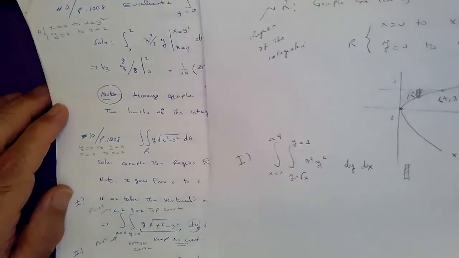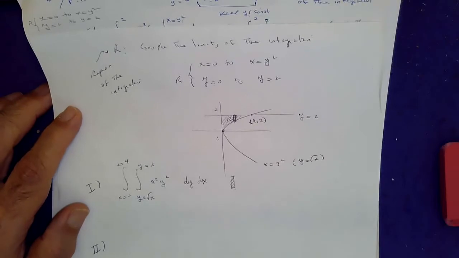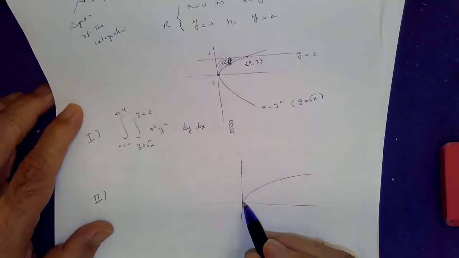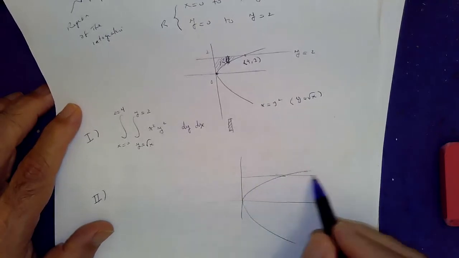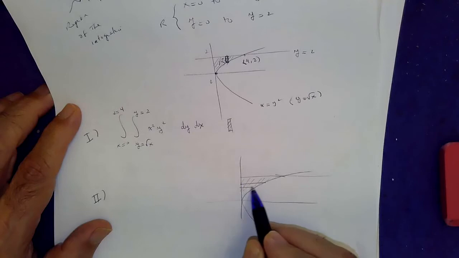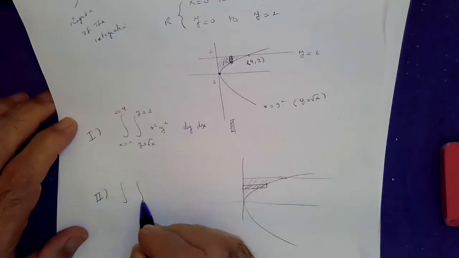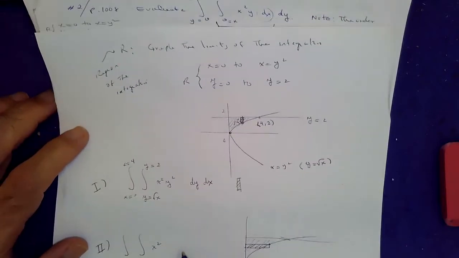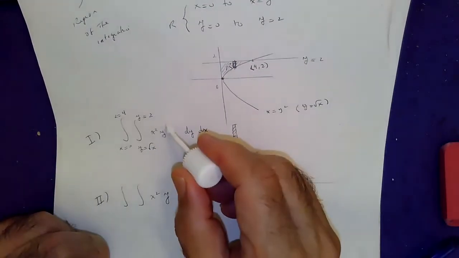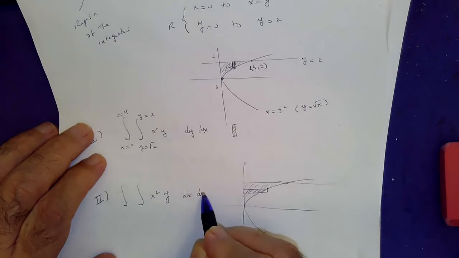On the other hand, if I had taken my element horizontally, let's say this is the graph again, and here is my region. This time I'm going to take the element this way. So now I'm going dx dy.